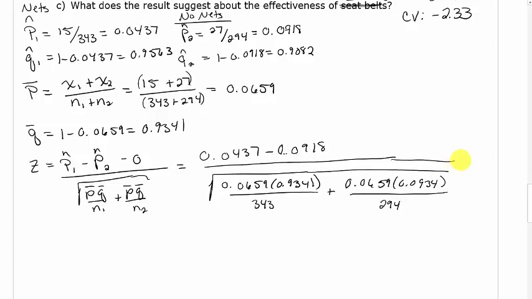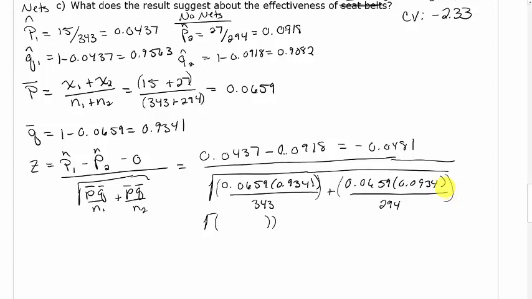So first you need to calculate the numerator, and calculating that difference gives you negative 0.0481. Now hit divided by and then a square root. Make sure you put these both in parentheses, and again, if you have a calculator where you get a square root with a parenthesis, you're going to need to close that off with two parentheses.